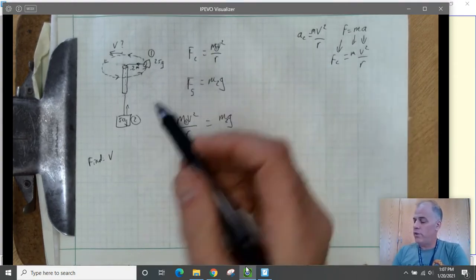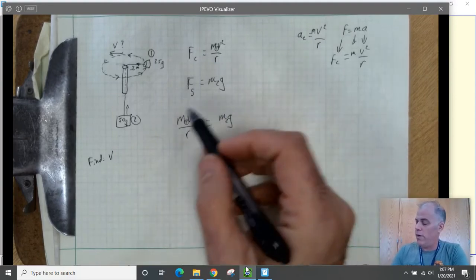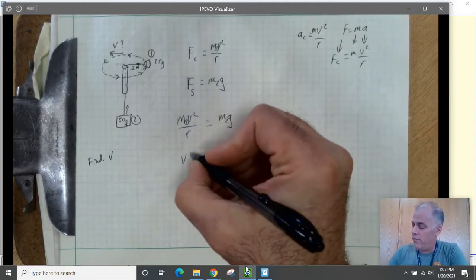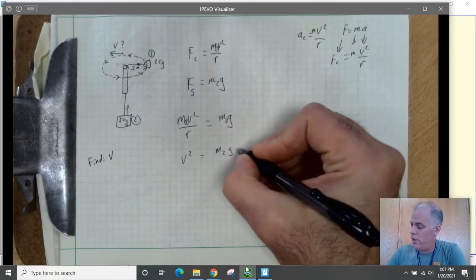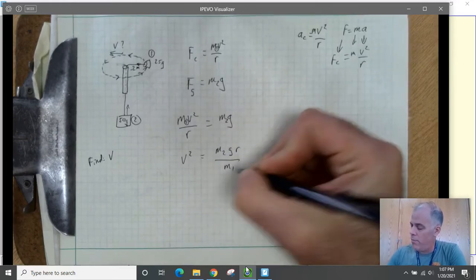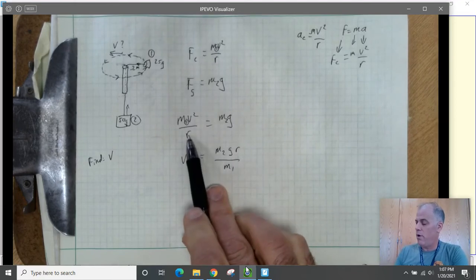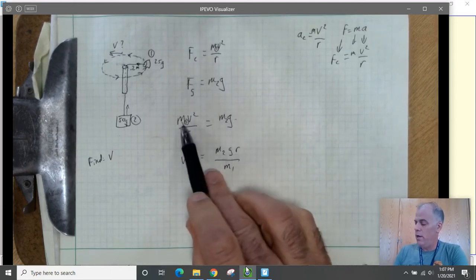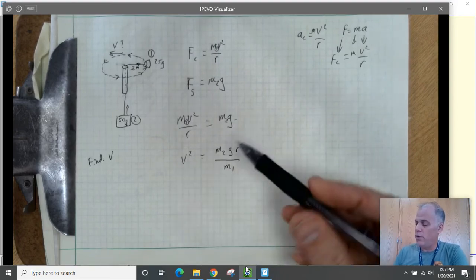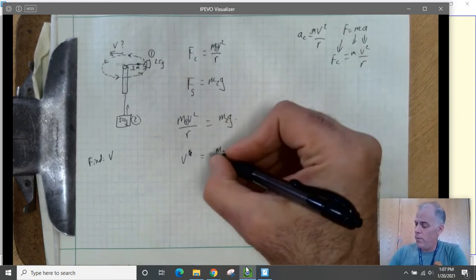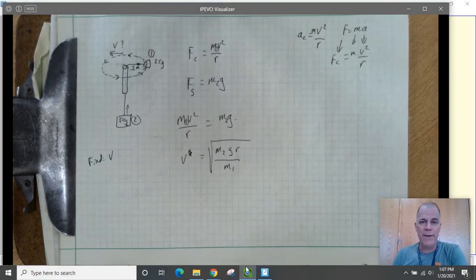Okay, so we want to solve this thing for V, so we're going to rearrange our equation here, and we get V squared is equal to M2gR over M1. So we brought the R up to the numerator, we took M1 down to the denominator, and we get V squared. So if we want V, we've got to take the square root of all of that.